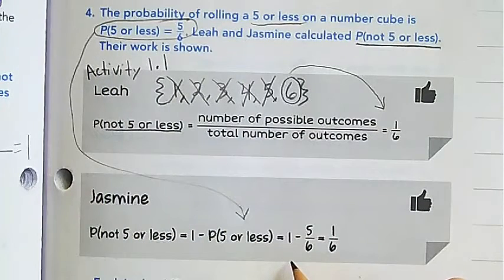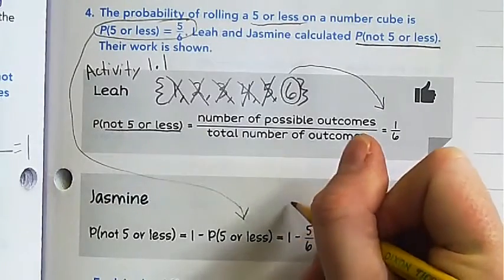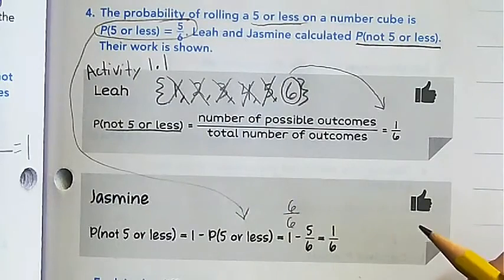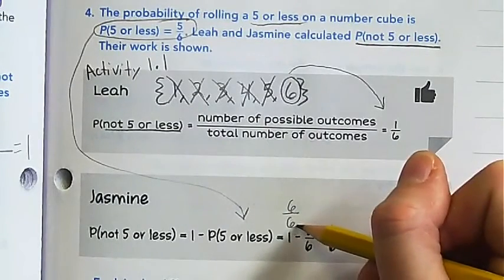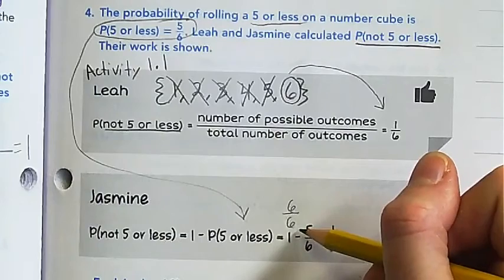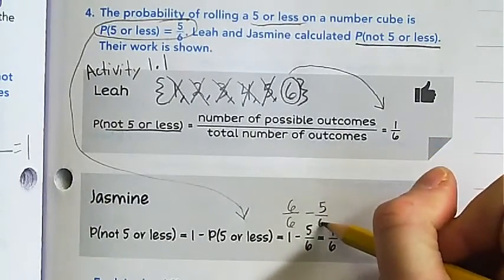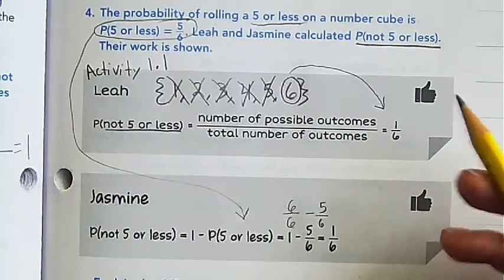How would we write one whole so that it has a denominator of 6? 6 over 6. Because we want one whole. Because there's 6 total outcomes, and one whole would be all of them. So that was Jasmine's method.